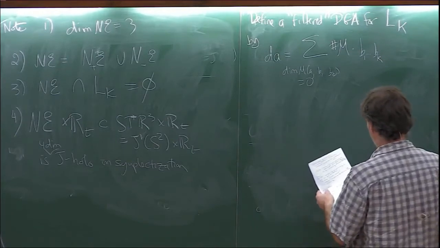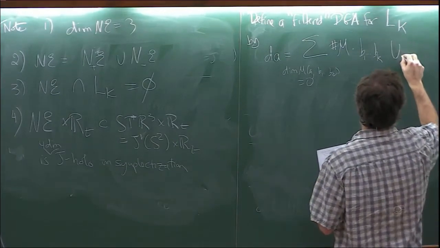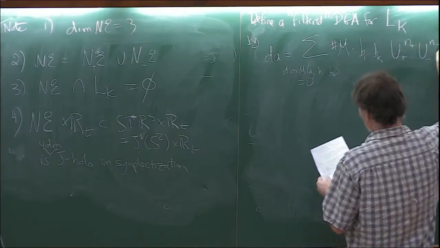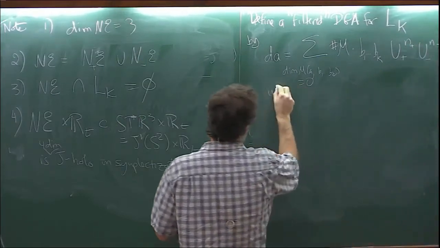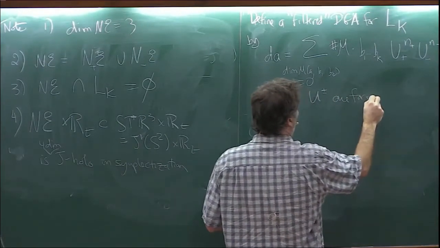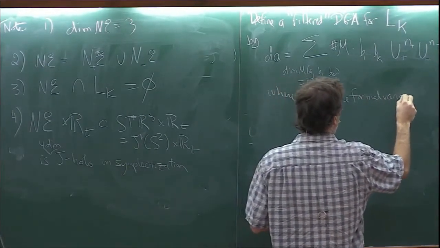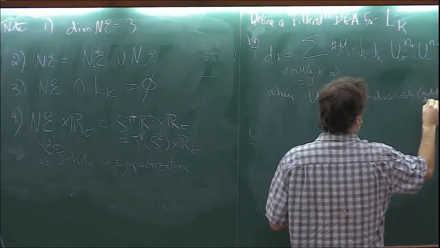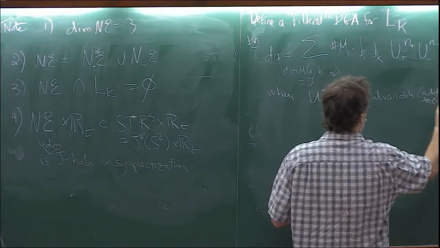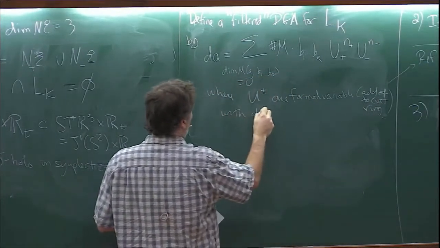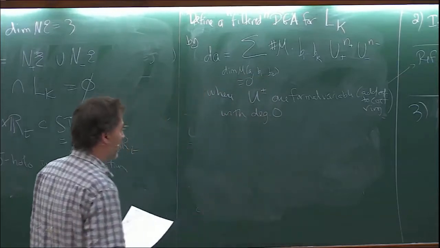I'm going to add some formal variables here, U plus and U minus, where U plus and U minus are formal variables in the coefficient ring with degree 0. Let me explain n plus and n minus.